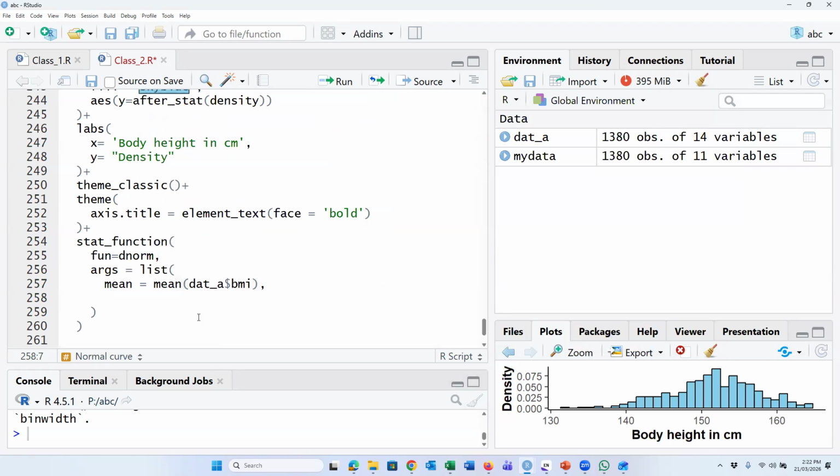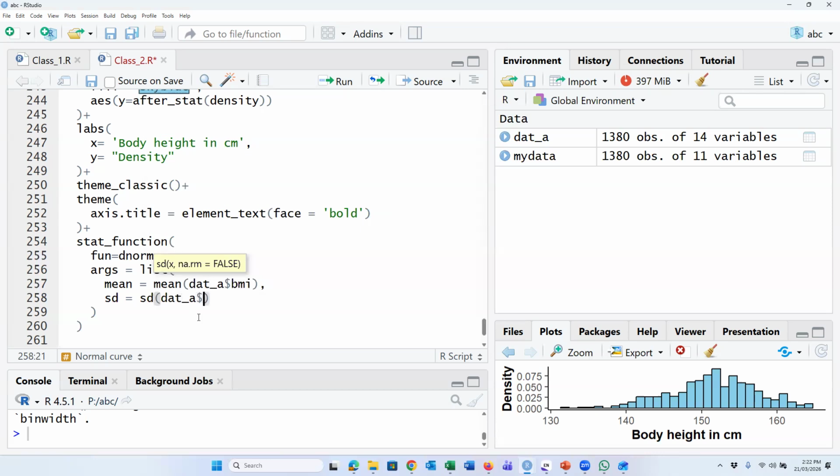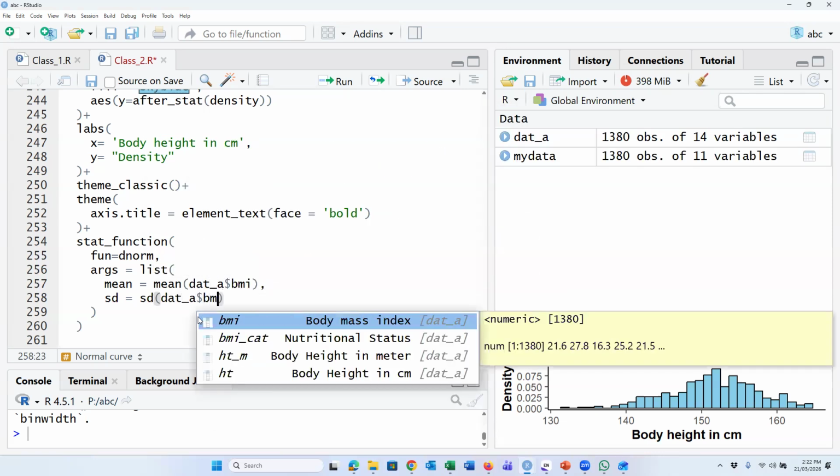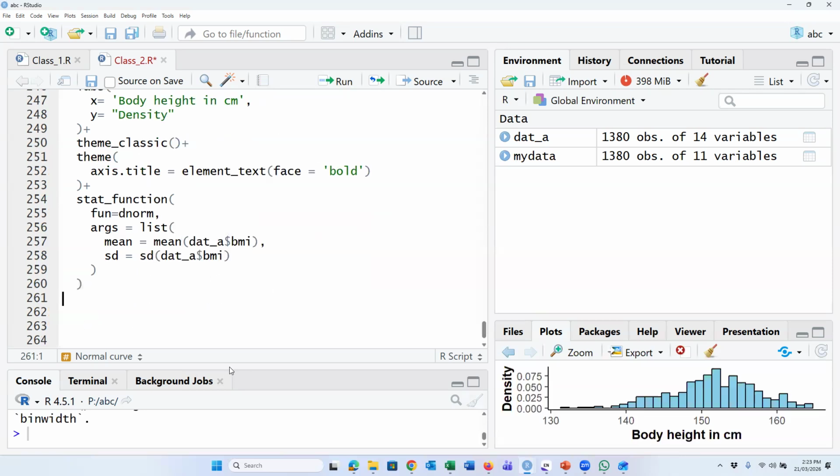Similarly, SD. SD is equal to SD of dat A, sorry, dat A, BMI. So if we run, any error?